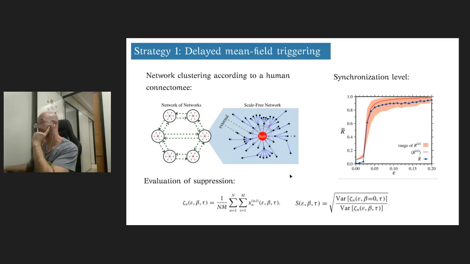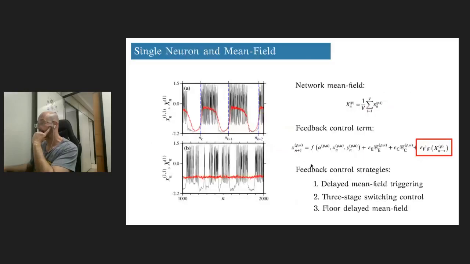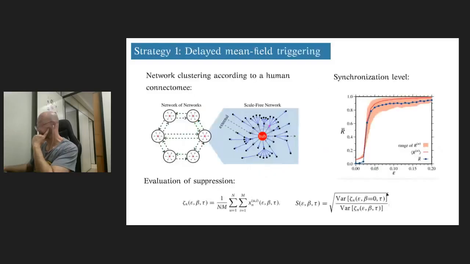To apply the suppression, we include a suppression term like we show here, and we use a metric to evaluate the success of the suppression. We consider the ratio of the variance of the mean field, that's the suppression metric, and we need S to be much greater than 1 to obtain adequate levels of suppression, like we can see.